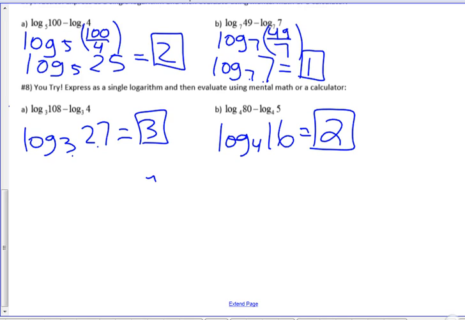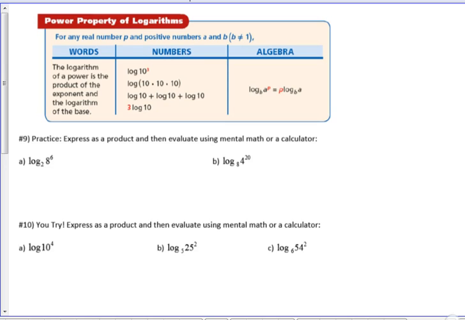All right, our next property is going to be the power property of logarithms. In words, the logarithm of a power is the product of the exponent and the logarithm of the base. So in numbers, I have showed you log of 10 raised to the power of 3 is the same thing as saying log of 10 times 10 times 10, which we just learned I can separate by adding them together.